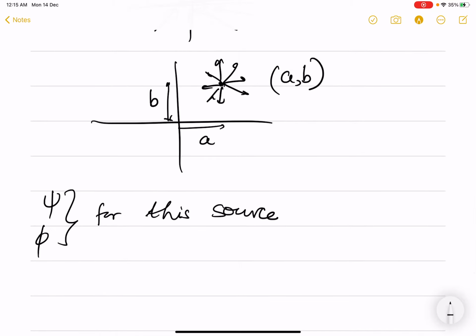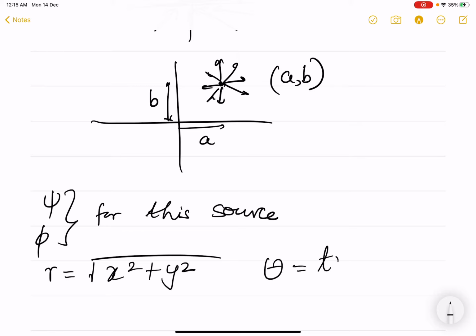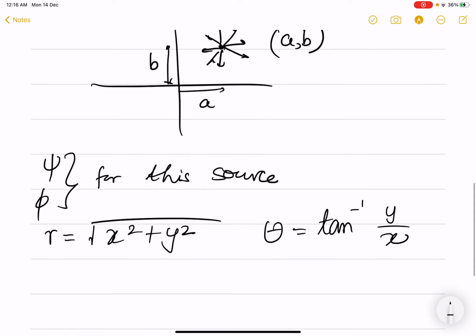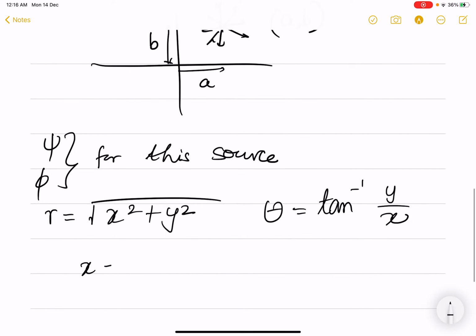As you know, r, in terms of x and y coordinates, or the Cartesian coordinates, is square root of x square plus y square, and theta is equal to tan inverse of y by x. Now if the source is displaced by a comma b, you can easily expect that x will be replaced by x minus a, and y will be replaced by y minus b.